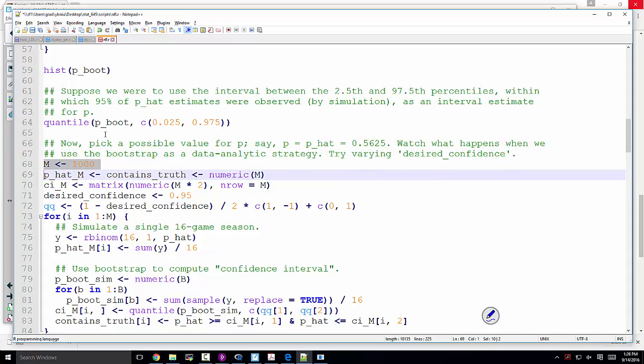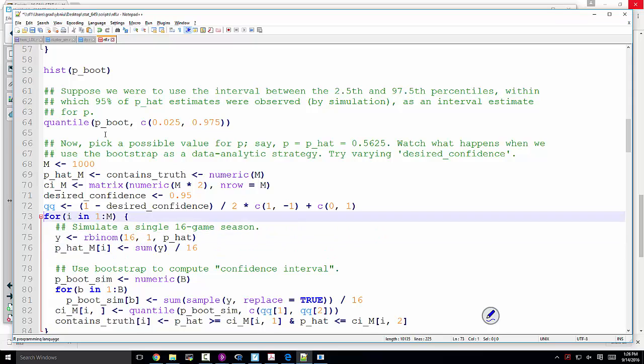We're going to do 1,000 simulations. These are not bootstraps. These are full simulations. Each time I do a simulation, I'm going to make it as though we have the data that we started with the Texans. 16 zeros and ones, that's it.